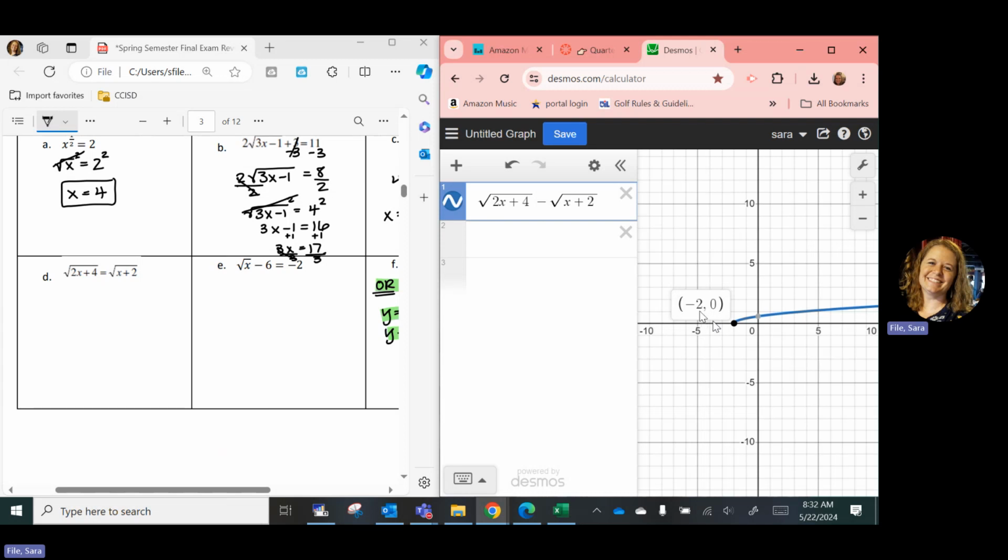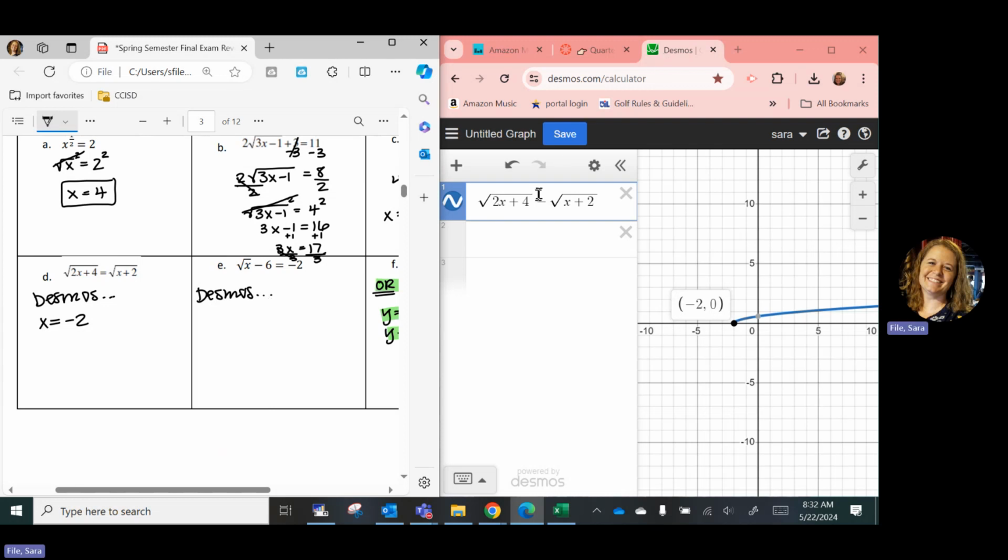So both ways, getting it all to one side set equal to 0, or doing y equals the left, y equals the right and looking for the intersection, both of them gave me the x value of -2. So in Desmos, I'm able to solve these.